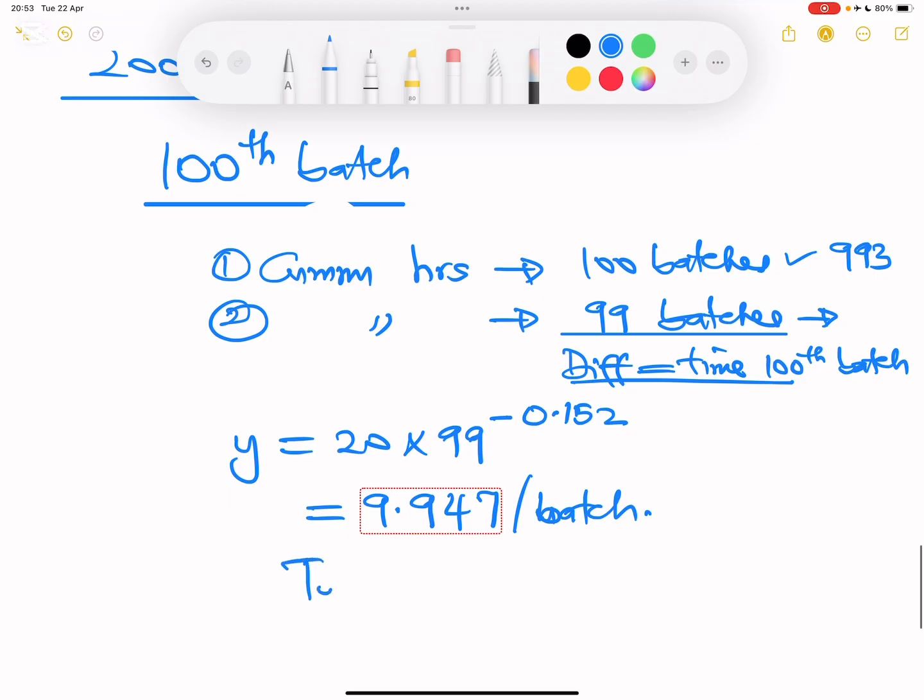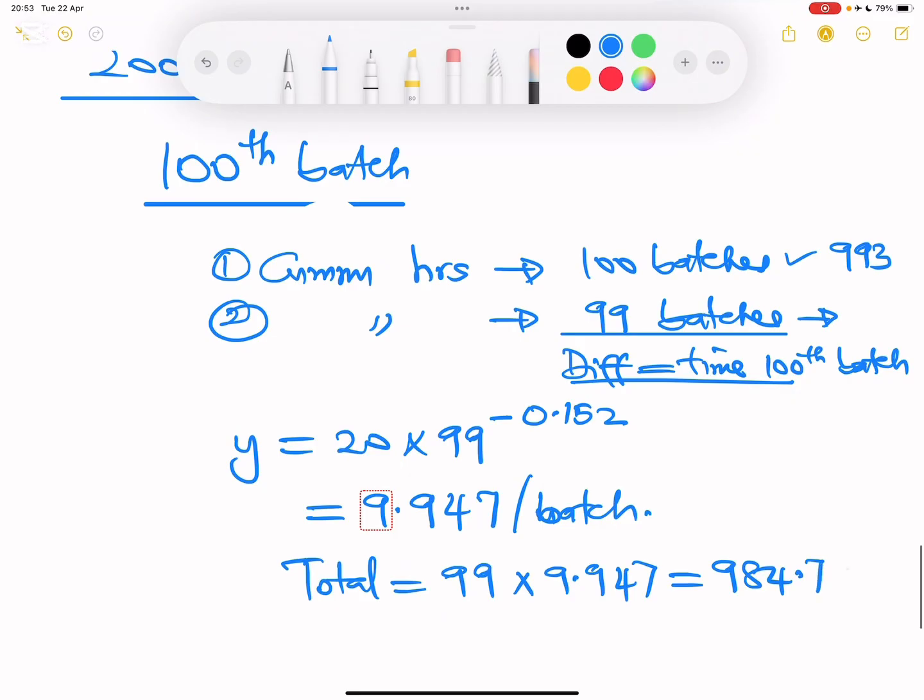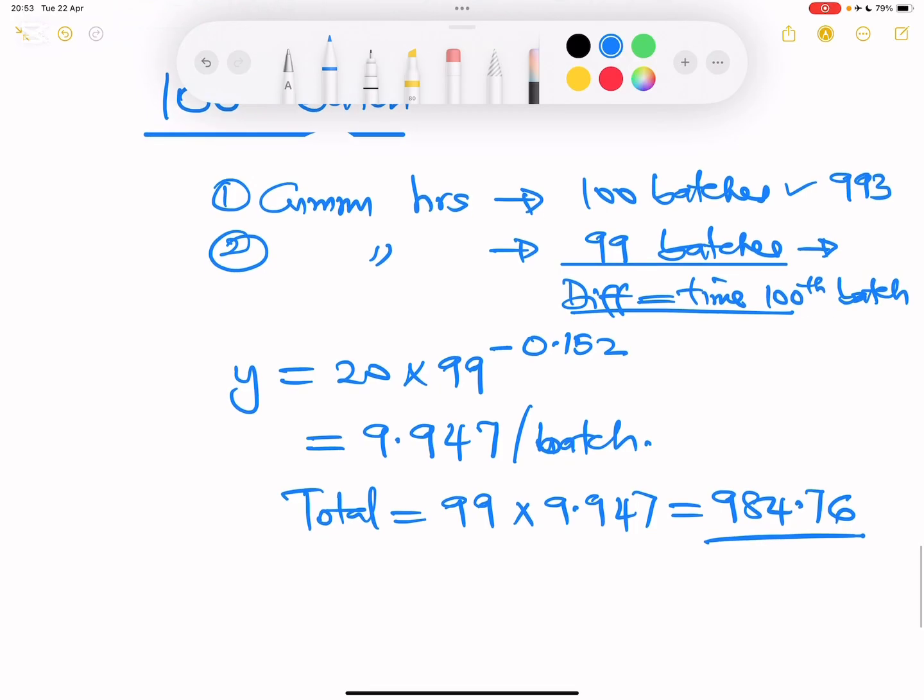That means the total will be equal to 99 multiplied by 9.947, which will be 984.76 hours.